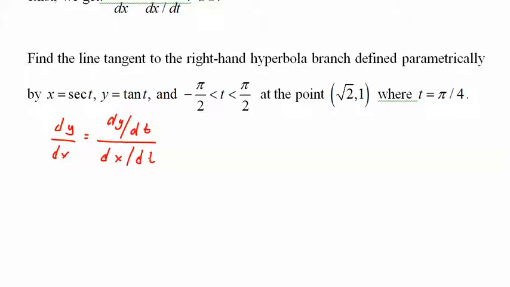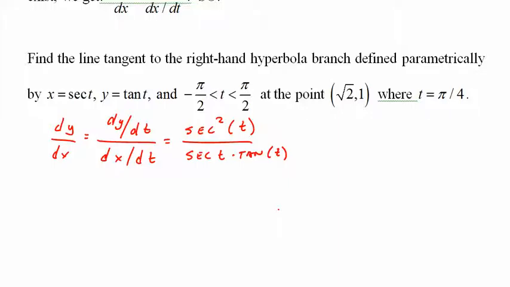As you can look at that, the dt's cancel out, and you're left with dy dx. So y equals tangent secant squared t. Derivative of secant is secant t times tan of t.